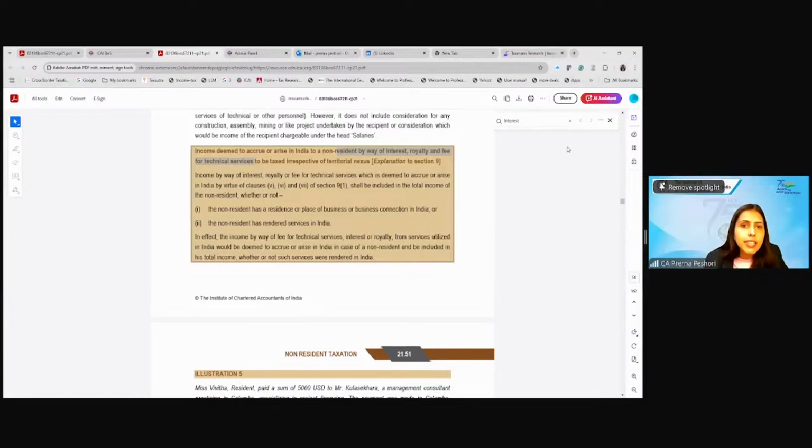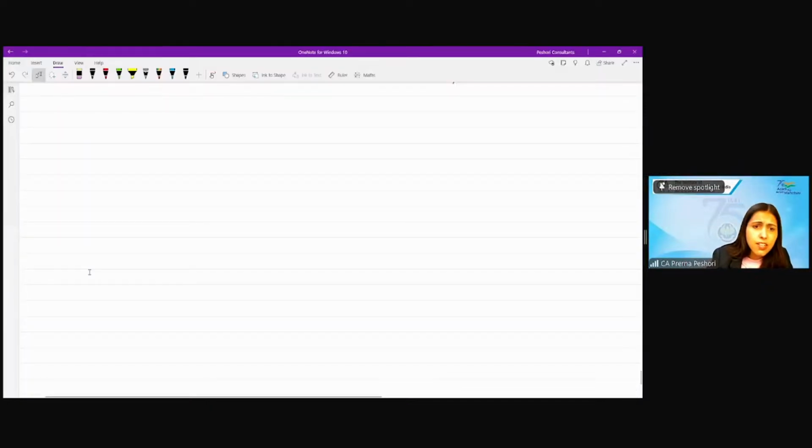Let us understand an example to understand what this means. Let's say there is this foreign company, right? Let's say it is providing some services of designing an equipment to the Indian company, right?